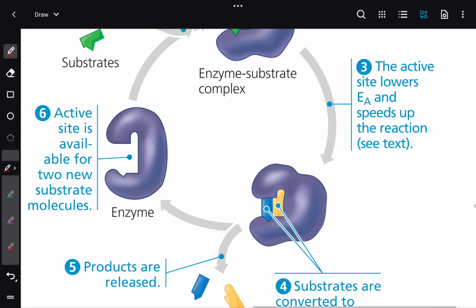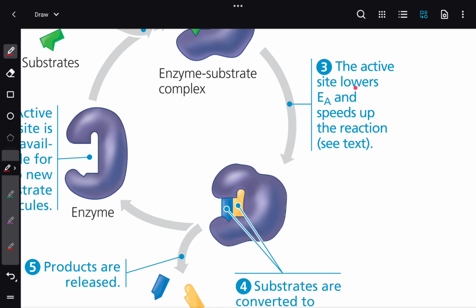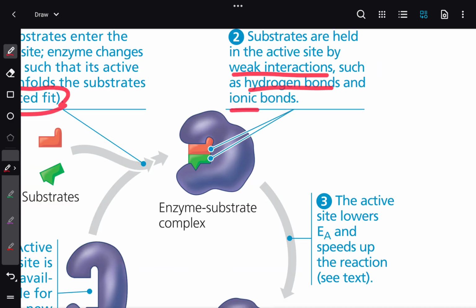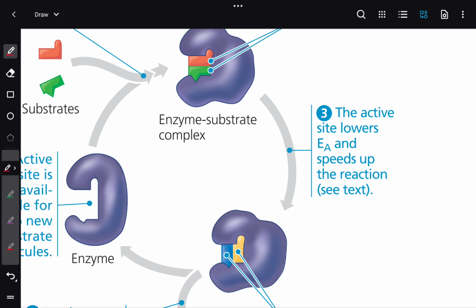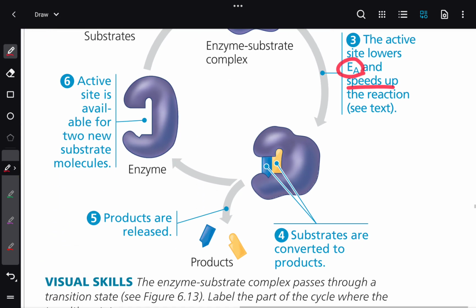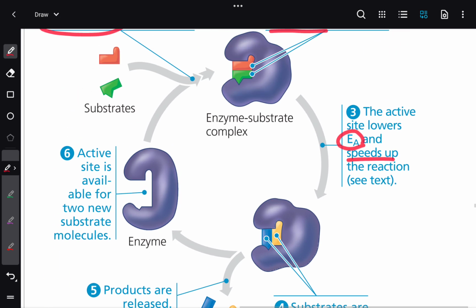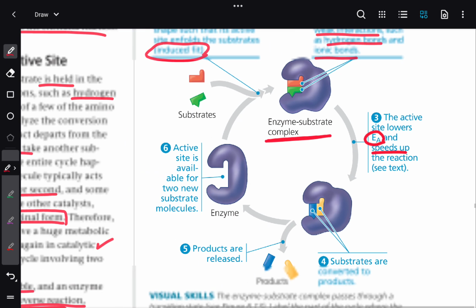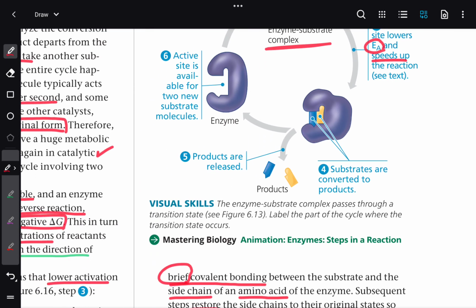Third step, the active site lowers the activation energy and speeds up the reaction. We call this the enzyme-substrate complex.